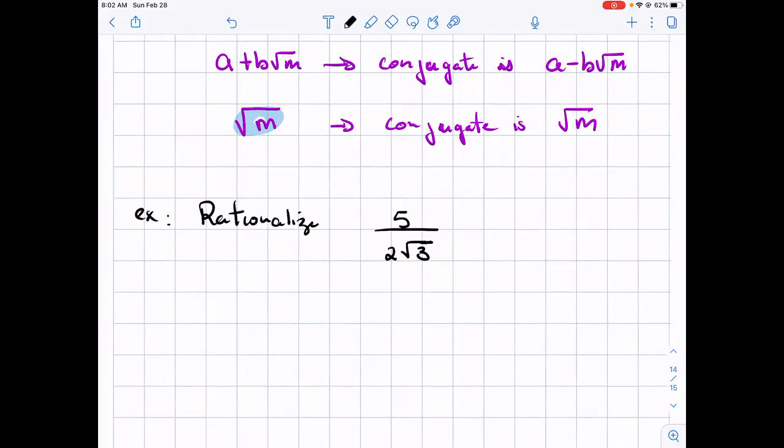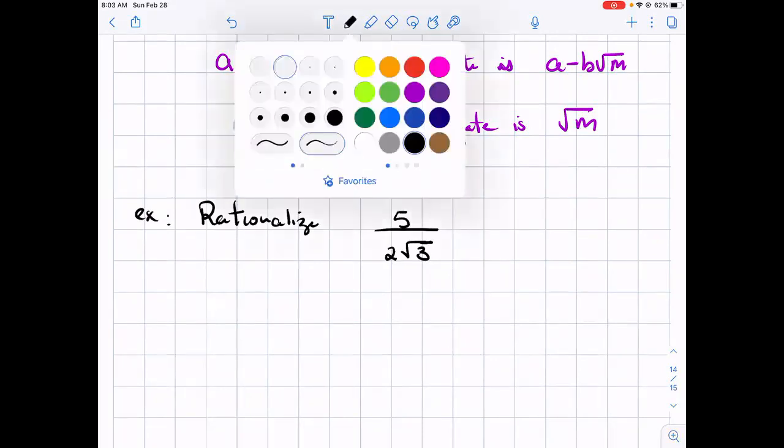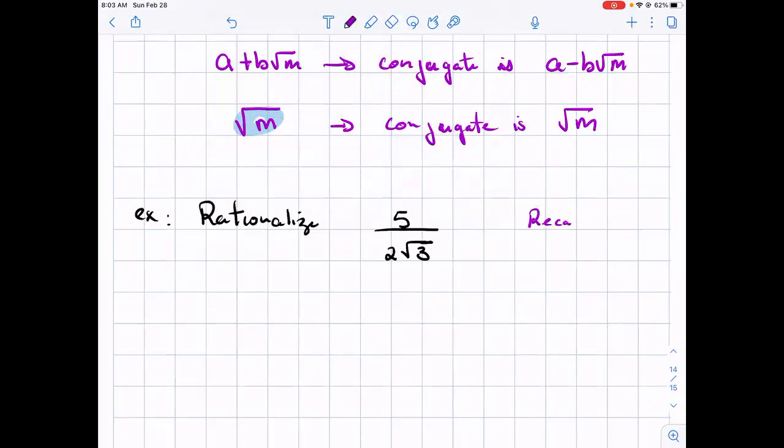And the only way we can remove a square root is when we add the powers of the radical, what makes it 1. So you have to recall square root of a, or a to the 1/2 power. So by multiplying by the square root conjugate, a to the 1/2 times a to the 1/2 becomes a.